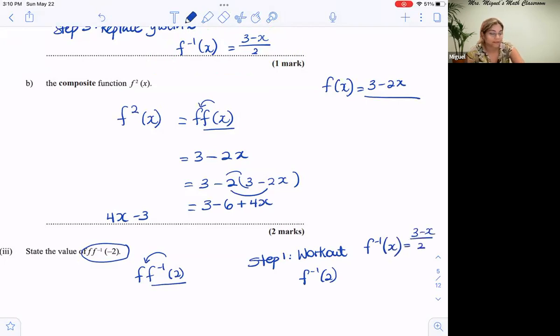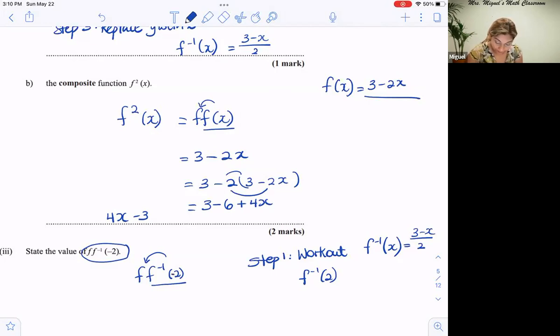So work that out first, and then we will continue. This is minus 2, right?